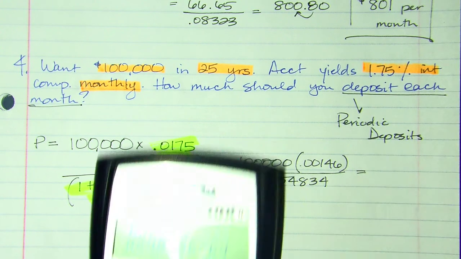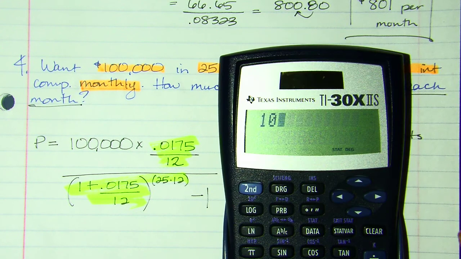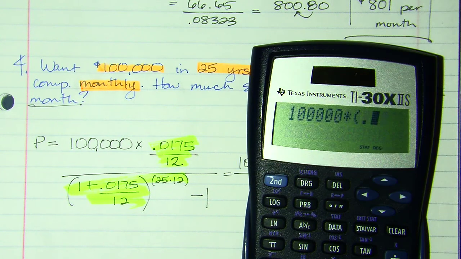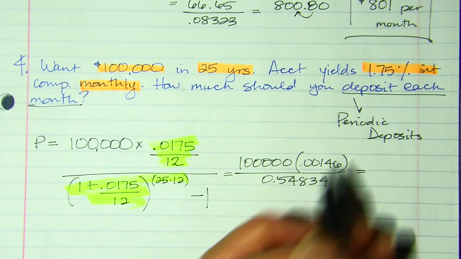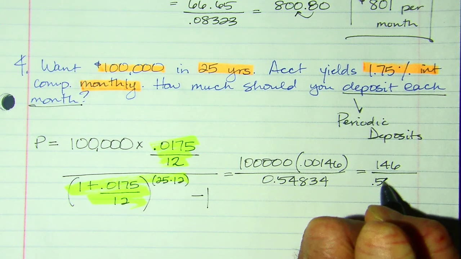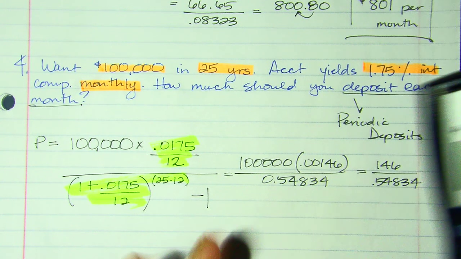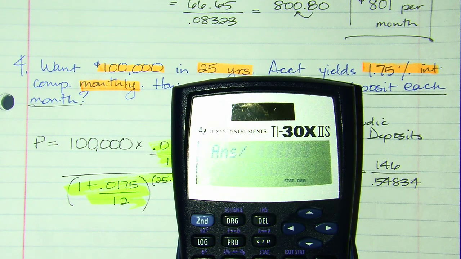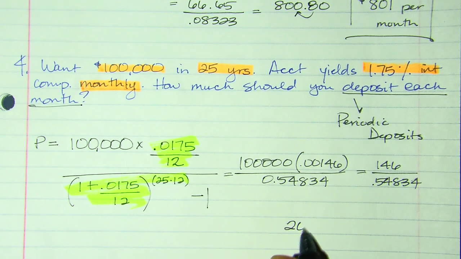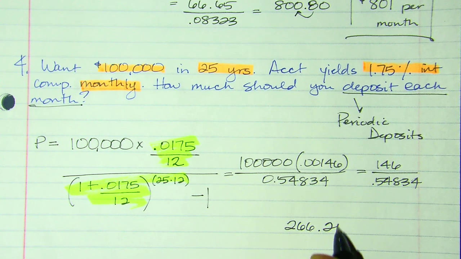Now I'm going to enter the top. So 100,000 times 0.00146, and I get 146, divided by this decimal. So 146 divided by 0.54834, and I get $266.26.